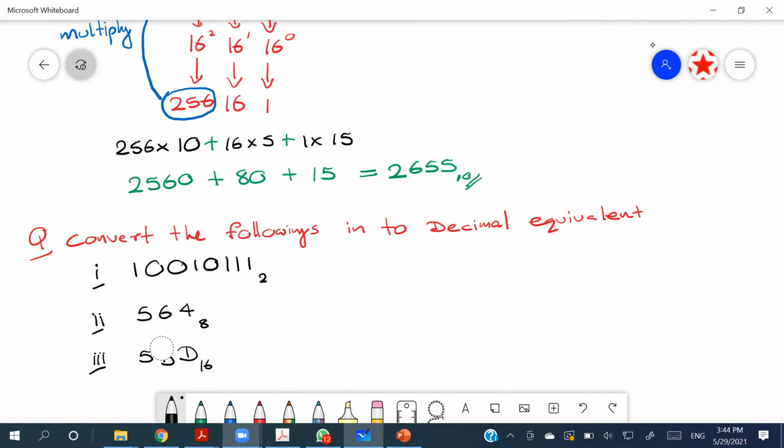Let's make this 52D. Right. Try it as quickly as possible.